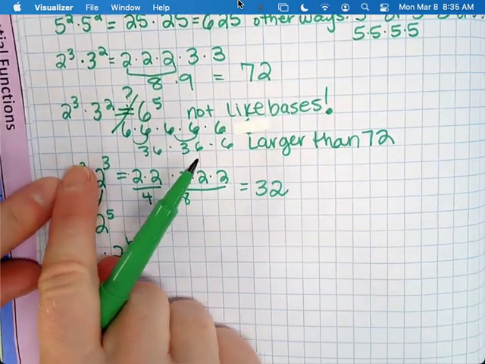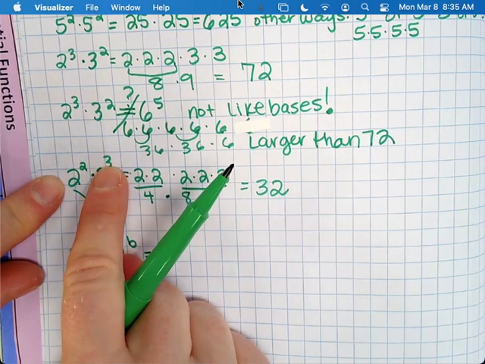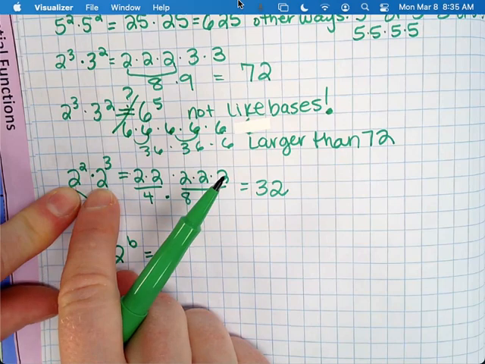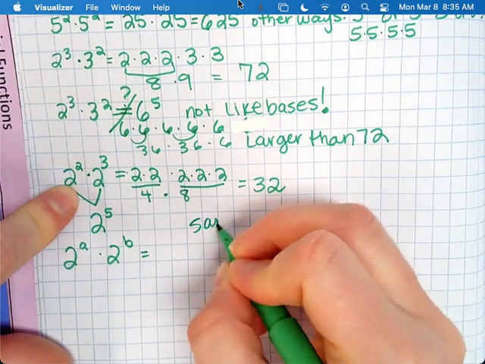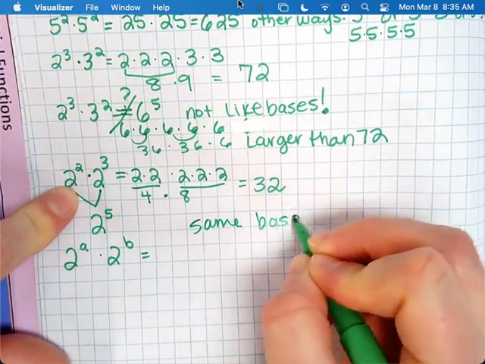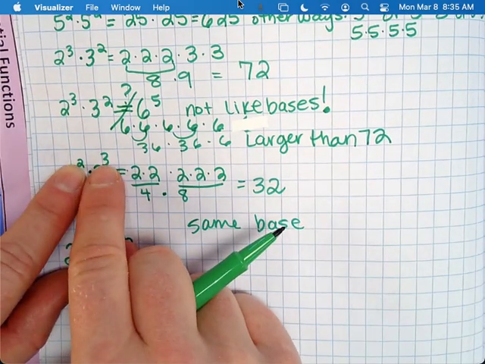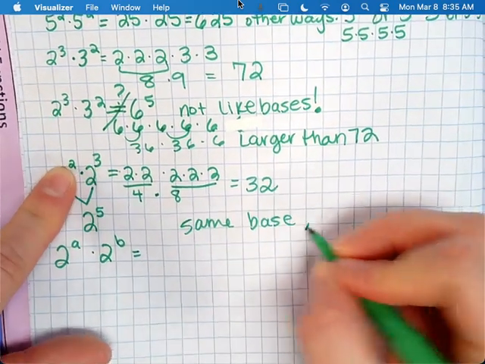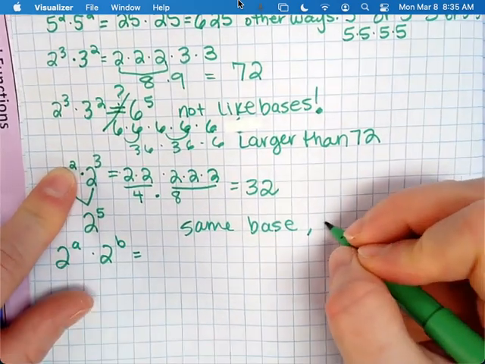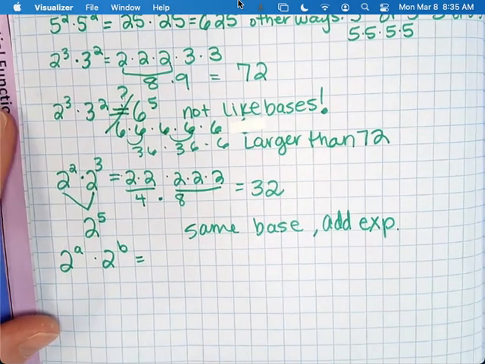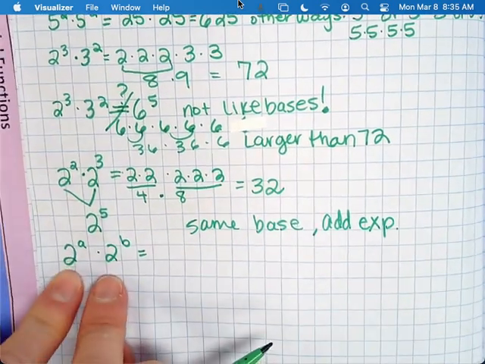Let's say that a is 2 and b is 3. What did we do with the base? We left it. Okay, so same base. And what did we do with the exponents? Combine them with what operation? Yeah, so add exponents. So we've got to do the same thing here.